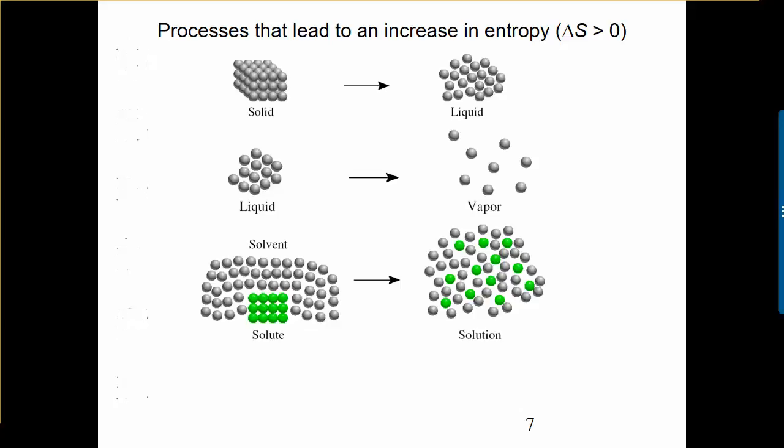Here we have the solute dissolving into the solvent. What is it? Delta S positive, delta S negative? How do I describe it? So the solute is dissolving. That's a positive delta S. It's becoming more disordered. But look at the solvent.